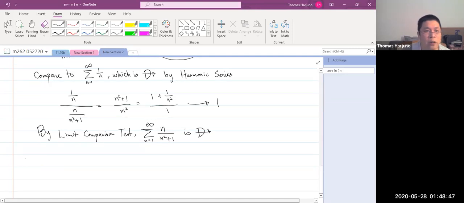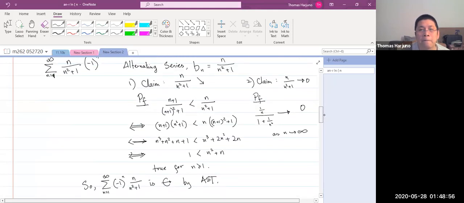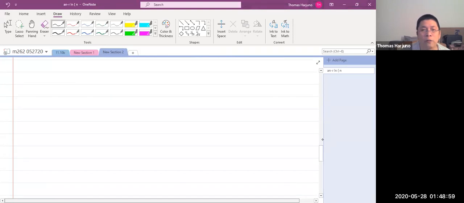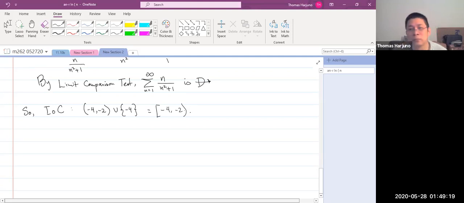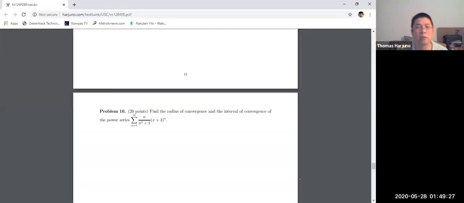So finally, the interval of convergence will be from -4 to -2, including -4 but not including -2. That's the interval of convergence. Okay, that's for this number. I don't remember what number that is. Let's go back. That's number 10.